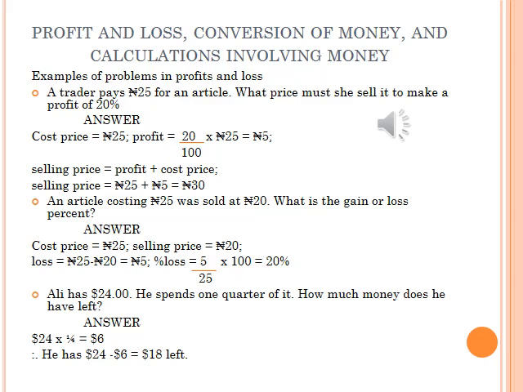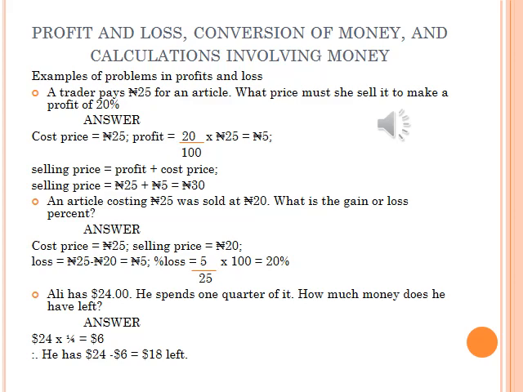Selling price now is therefore 25 naira plus 5 naira, which will give us 30 naira. Question 2. An article costing 25 naira was sold at 20 naira. What is the gain or loss percentage? Answer. Cost price is equal to 25 naira.